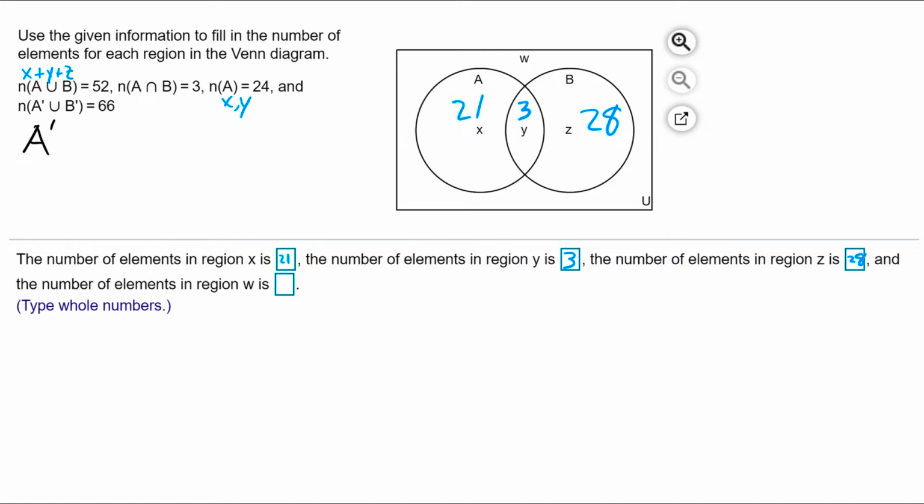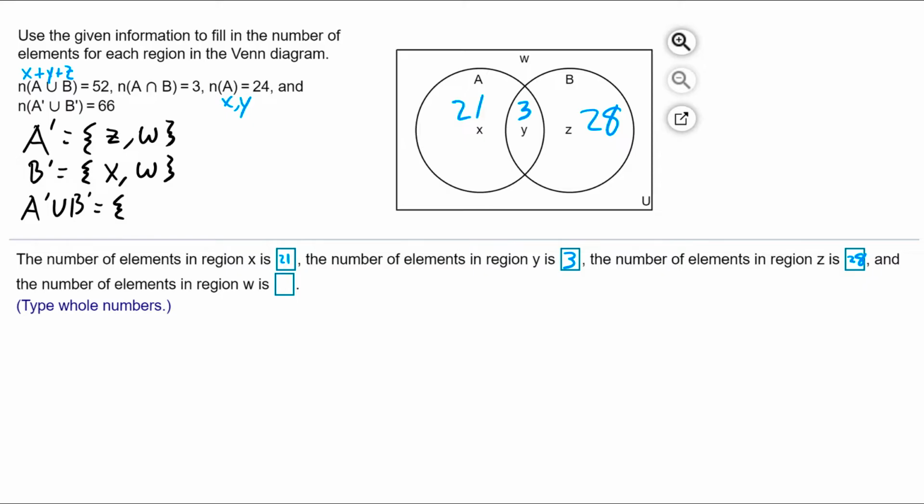A complement would be the things not in A, so that would be Z and W. And B complement would be the ones not in B, so that would be X and W. Remember, when we're taking the union, we just put all of the elements together.